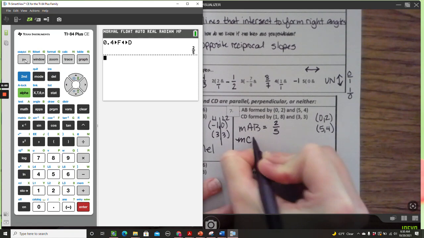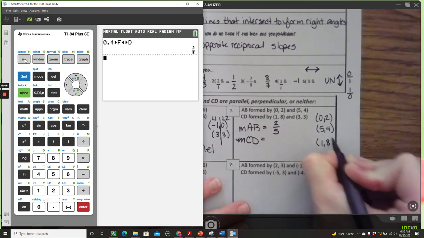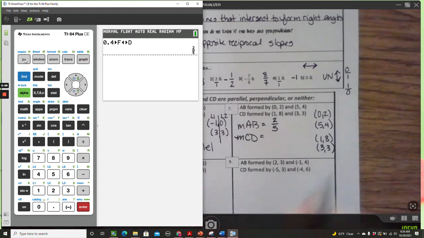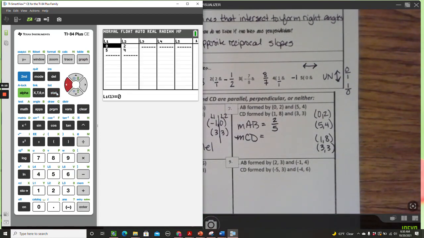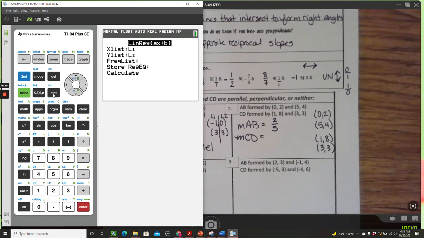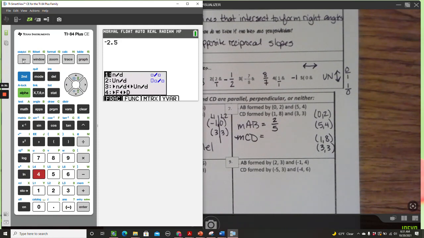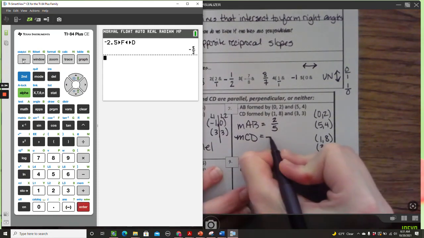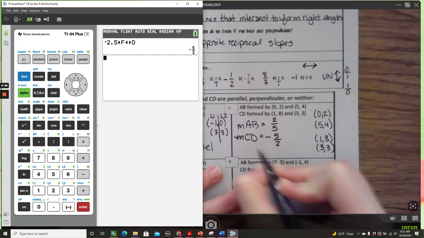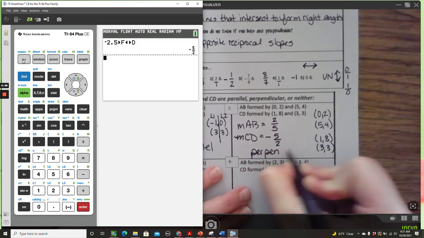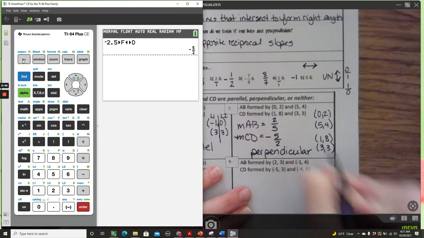And so the slope of CD, I've got 1 comma 8 and 3 comma 3. 1 and 3, 8 and 3, stat, right arrow key 4. So I got negative 2.5, turn that into a fraction. I get negative 5 over 2. So these are negative reciprocals. So these are perpendicular lines.